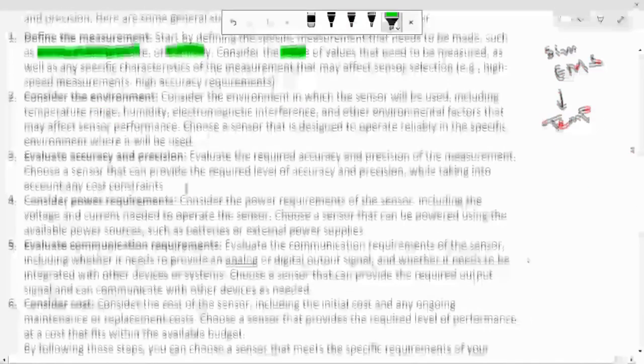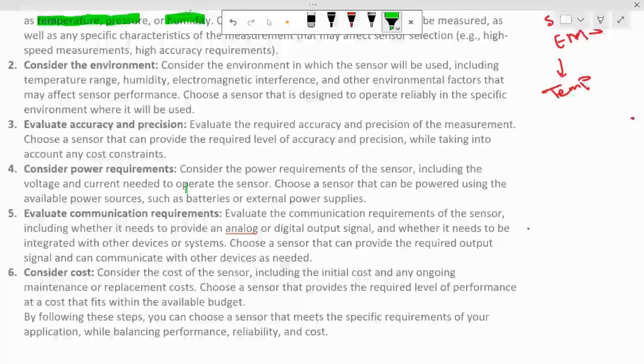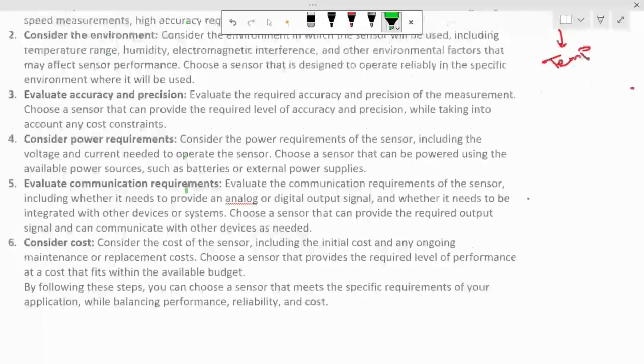Fourth point is consider power requirements. Consider the power requirements of sensors, including the voltage and current needed to operate the sensor. Choose sensors that can be powered using an available power source, such as batteries or external power supplies. Evaluate communication requirements.